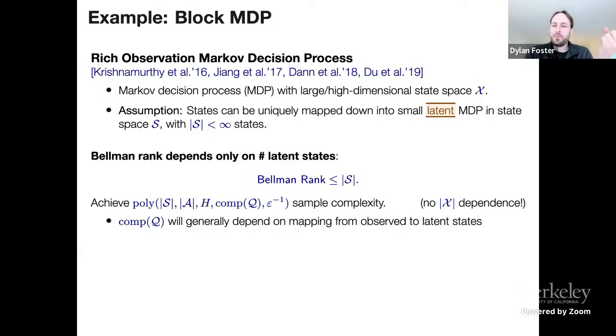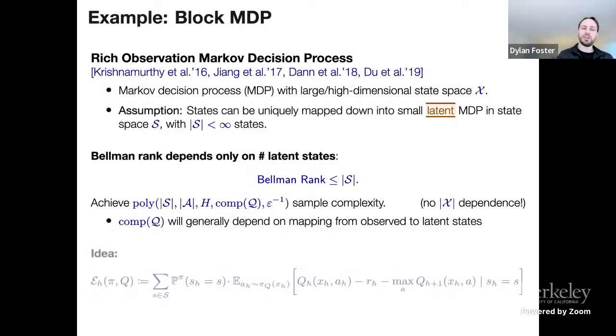The only catch is you need your Q function class to be realizable, so it needs to contain Q star. And this means your Q functions need to be flexible enough to represent this mapping from observations to latent states. So that's the way the modeling will come in here.